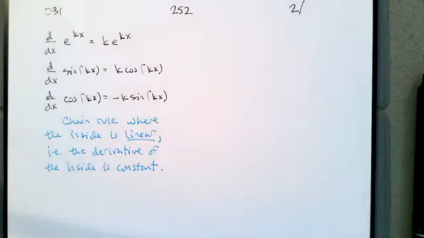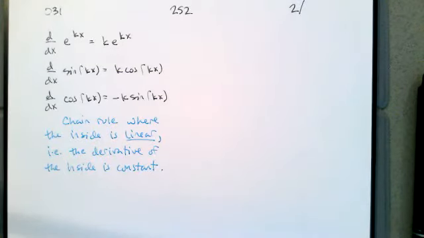The chain rule is easy to apply when the inside is linear, because the derivative of the inside is just a constant. So the derivative of e to the 5x is 5e to the 5x.